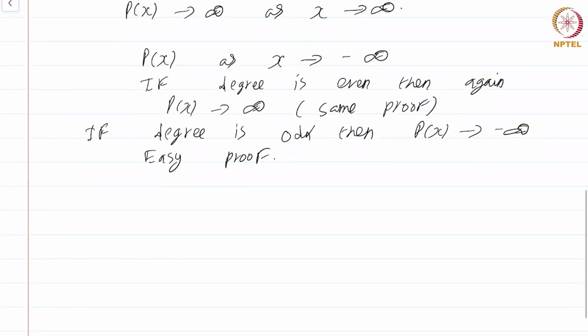Now one more comment I would like to make. We have already seen that the limit as n goes to infinity of a^n by n^k, for fixed k, goes to infinity as a sequence.